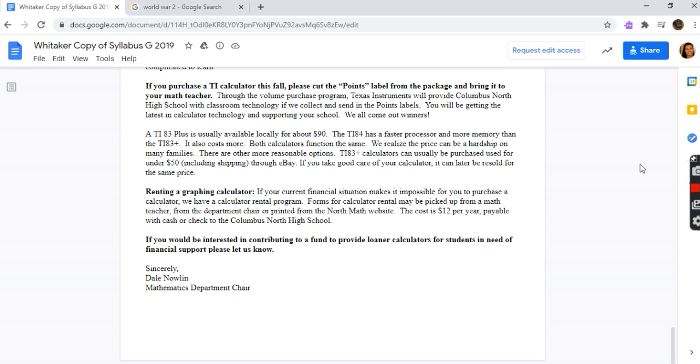The cost is $12 per year, payable with cash or check to Columbus North High School. If you are interested in contributing to a fund to provide loaner calculators for students in need of financial support, please let us know. Sincerely, Mr. Brands, Mathematics Department Chair.